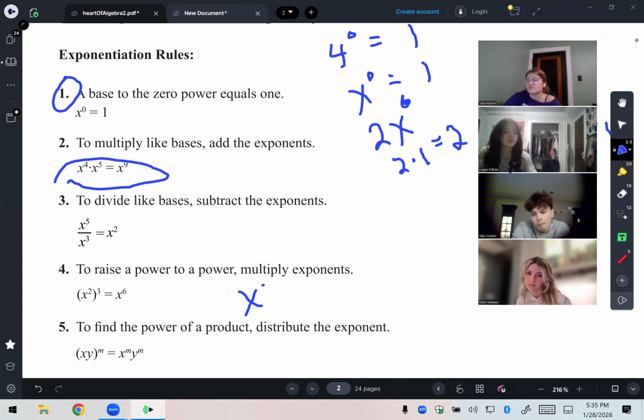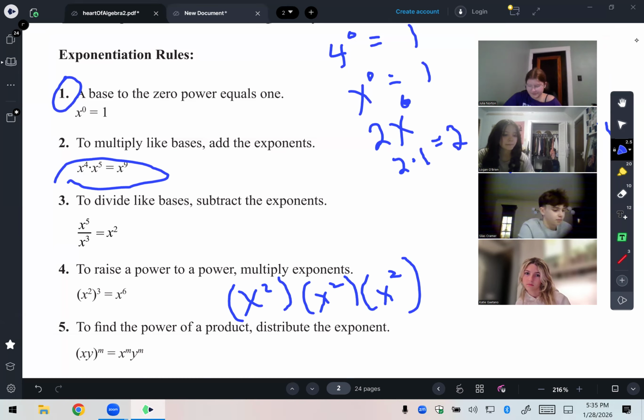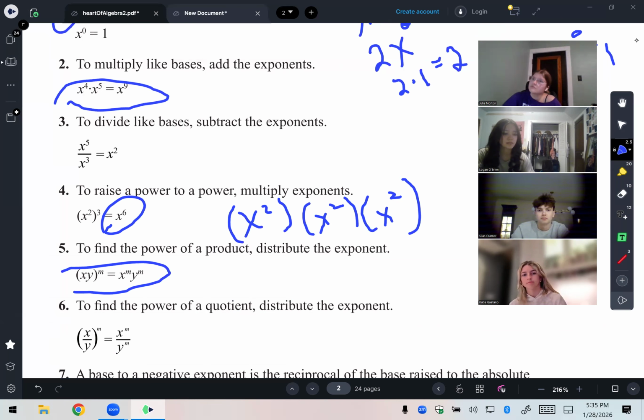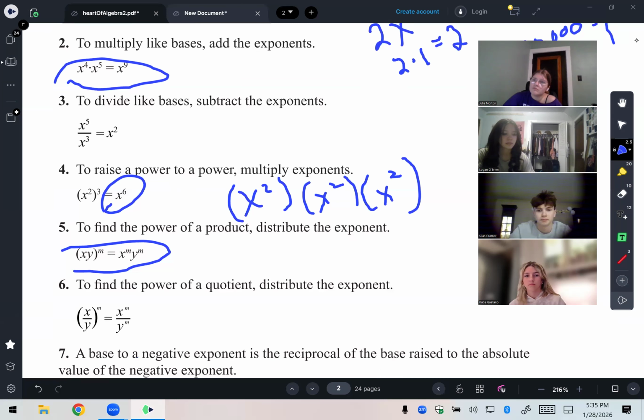So if we have x squared and we have 3 of them, you can see that's going to be x to the 6th. To find the power of a product, you multiply both this way. And to find the power of a quotient, you subtract the exponents. But you can also do this.